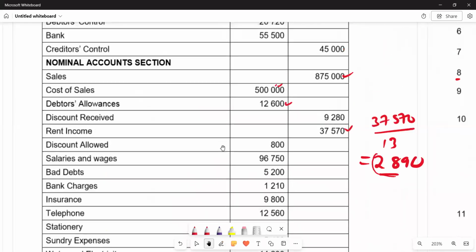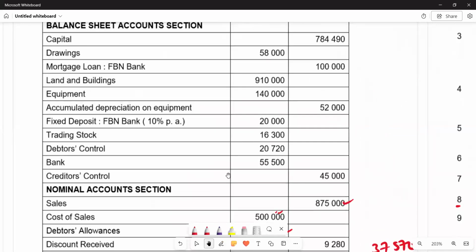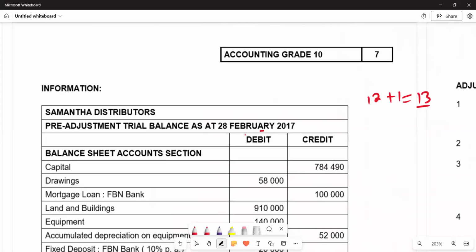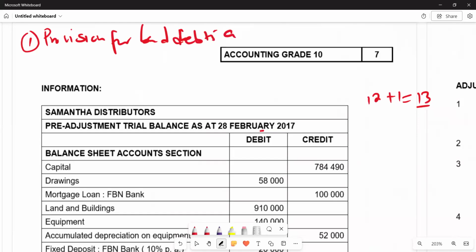Remember, we also check for provision. Before you go to the expenses section, you must also check for provision for bad debts adjustment. Remember, the provision for bad debts adjustment can be income, can be expense, depending on the movement. If it's an increase, it's an expense.